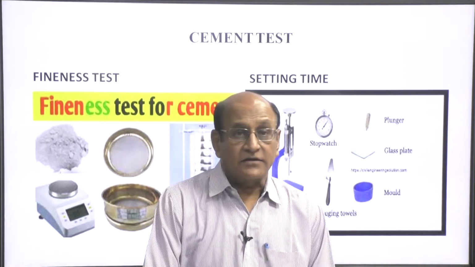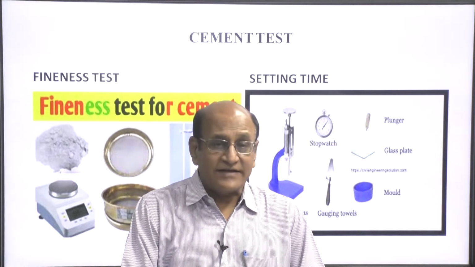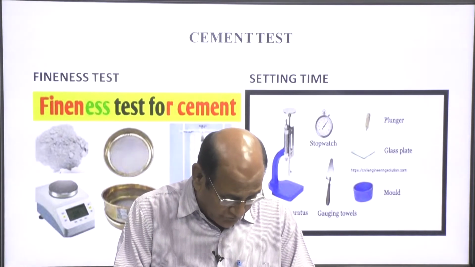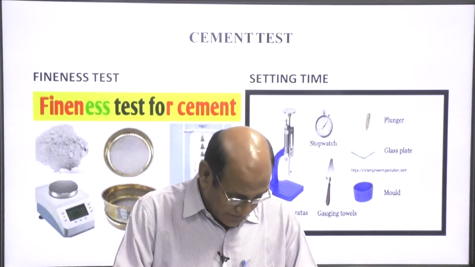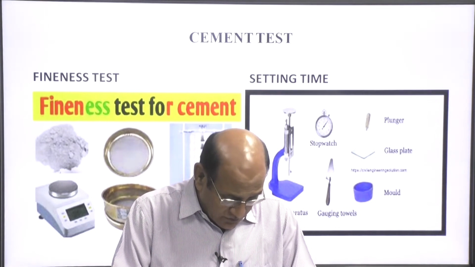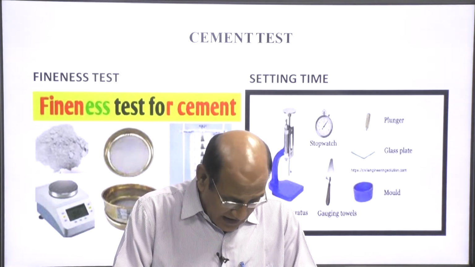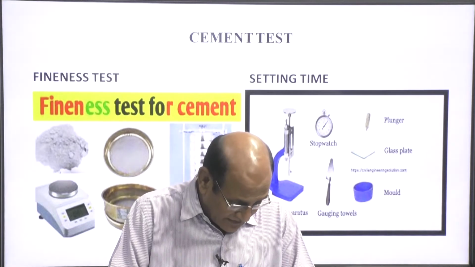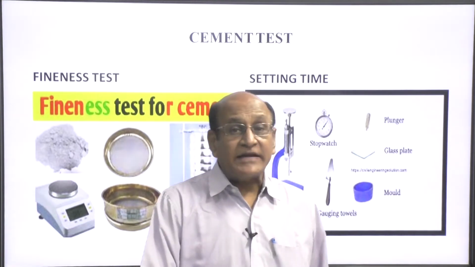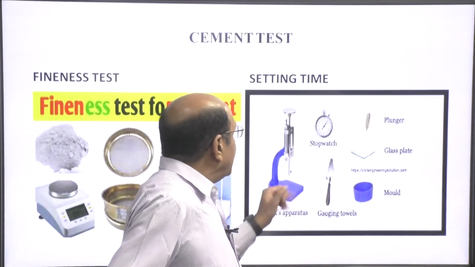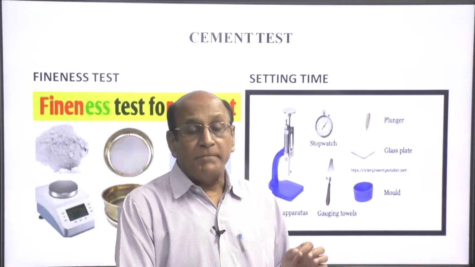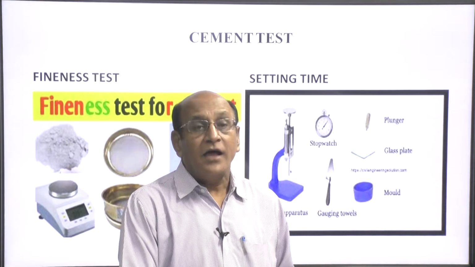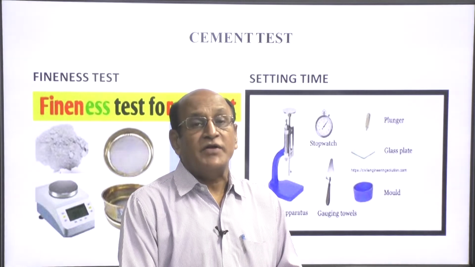The solidification, initial setting time, is the solidification of the plastic cement paste to stiffen to such an extent that the Vicat apparatus needle will penetrate the sample up to 5 plus minus 0.5 mm.